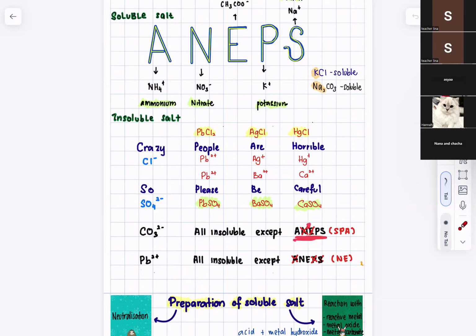So I cancel the NH4 because of the negative charge. So only SPA, sodium, potassium, ammonium, is soluble, Chacha. Is it clear, Chacha? Yes. Okay, again. Zinc carbonate, soluble or insoluble? Insoluble. Silver sulfate, soluble or insoluble? Insoluble.